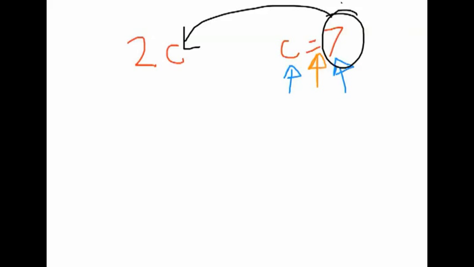So what do I get? I get 2 times 7, which is 14. So substitution is replacing something with something that's equivalent. So substitution in sports, sometimes a player gets hurt and another player who plays in that same position has to come in and substitute for them.